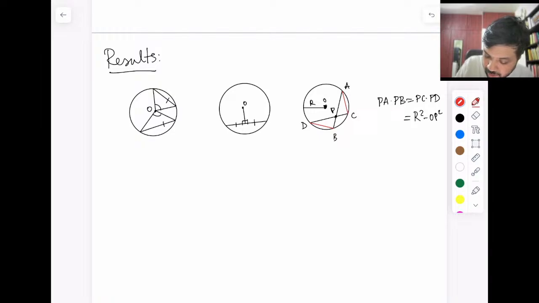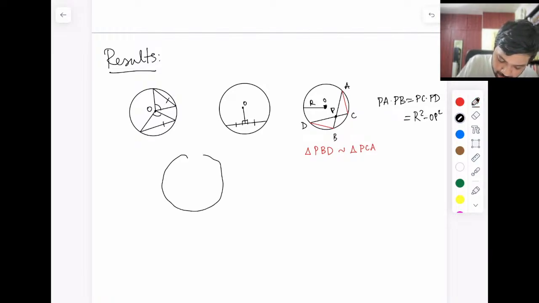You should also remember that triangle PBD is similar to triangle PCA. The reason is pretty obvious. These are vertical opposites, so the angles at P are equal, and these other angles are equal because we have not yet done that part. So let's discuss that too.